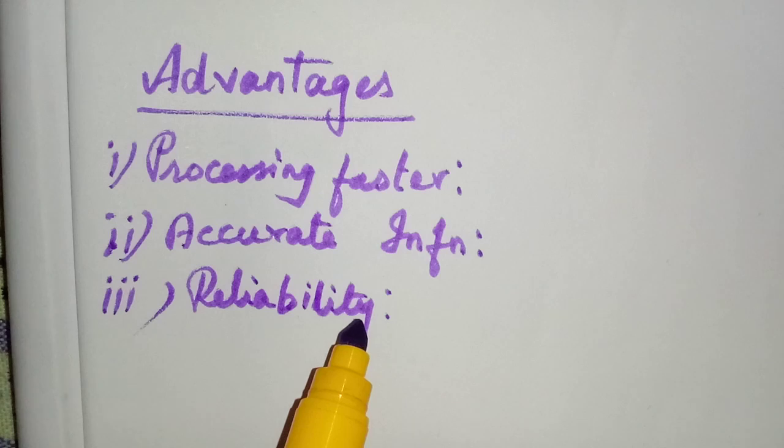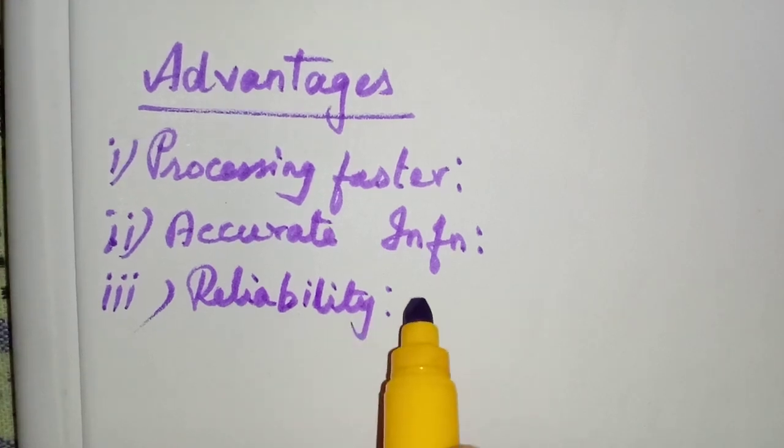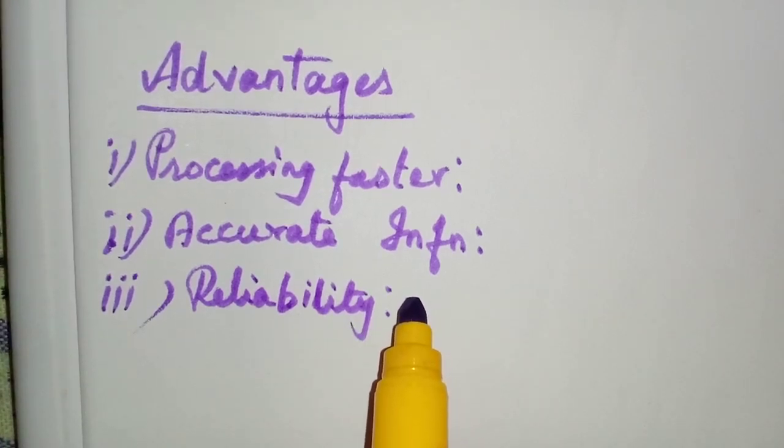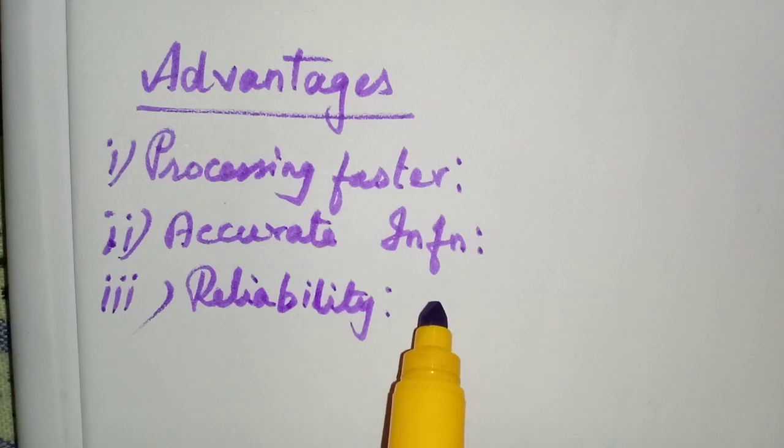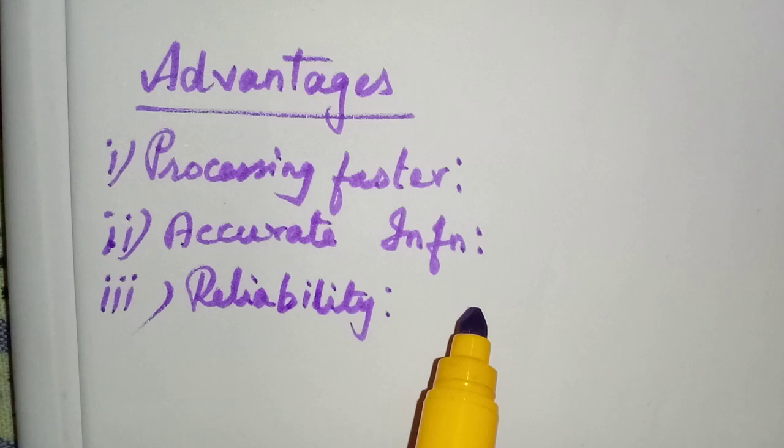Here we can rely on the information of this computerized accounting system, because as per the information given, the data input, it will do the process, and the output also will be very correct. So we can rely on the computer, because the computer itself will not make any fraudulent action.